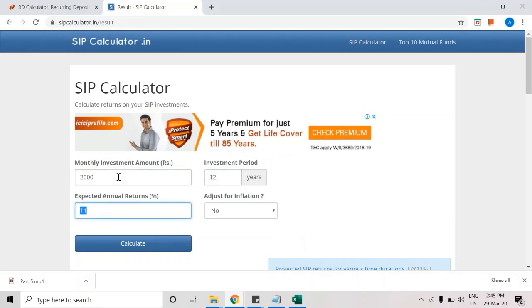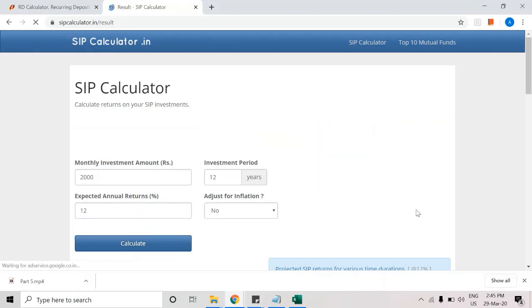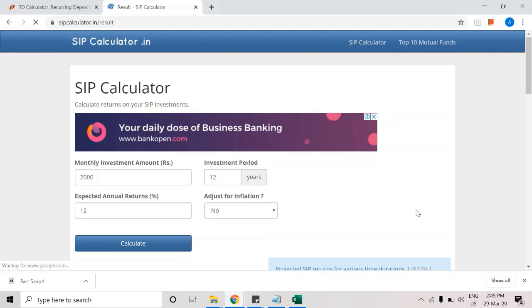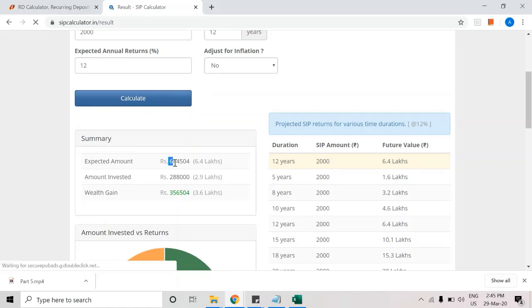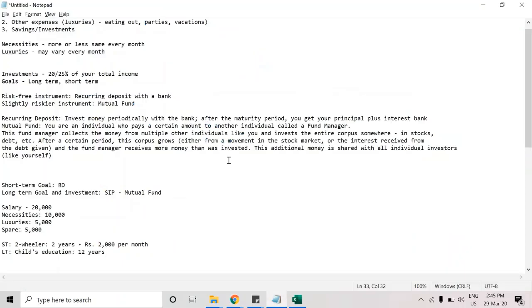An expected annual return would be about 11 to 13% if invested in a good fund. So let's take 12%. See that 2000 rupees invested every month for a period of 12 years at a 12% expected rate of return will give this guy around 6.5 lakh rupees, which would be good enough to start with his child's education.